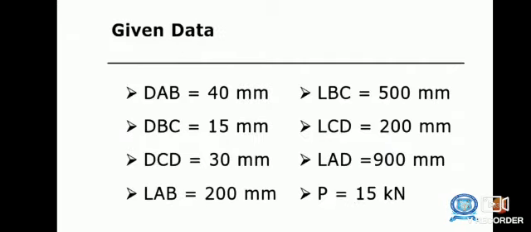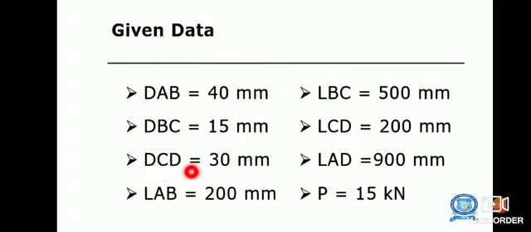Next we write the given data. You can understand the problem and diagram and write the data. First, write the diameters. Diameter of section AB is 40 mm, diameter of section BC is 15 mm, diameter of section CD is 30 mm.